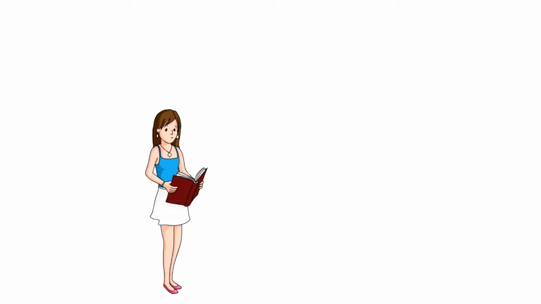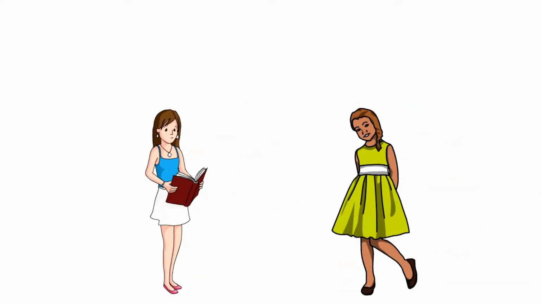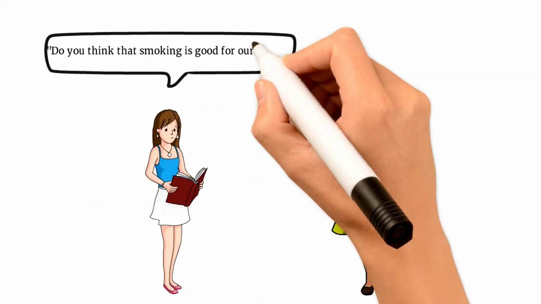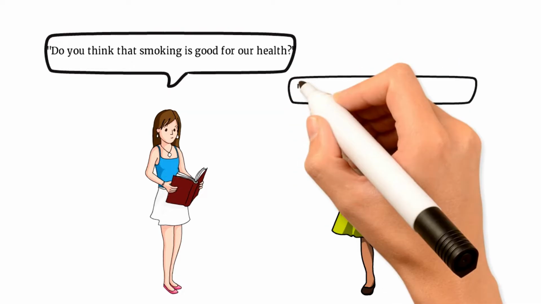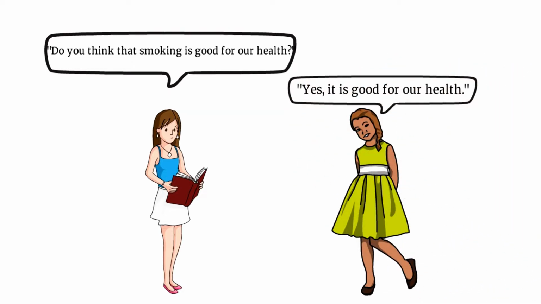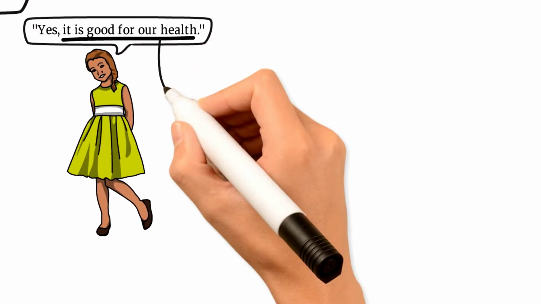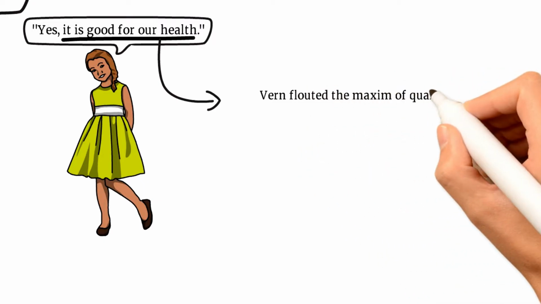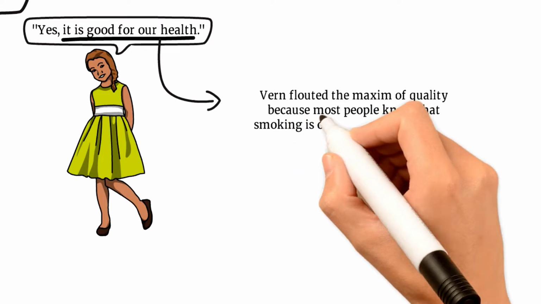The second example is between Catherine and Vern. Catherine asks if smoking is good for our health or not. Then Vern answers that smoking is, in fact, good for our health. From this conversation, Vern flouted the maxim of quality because most people know that smoking is obviously bad for health.